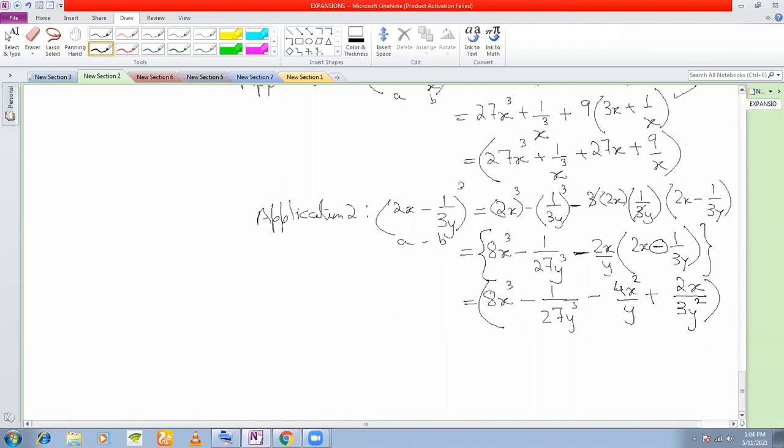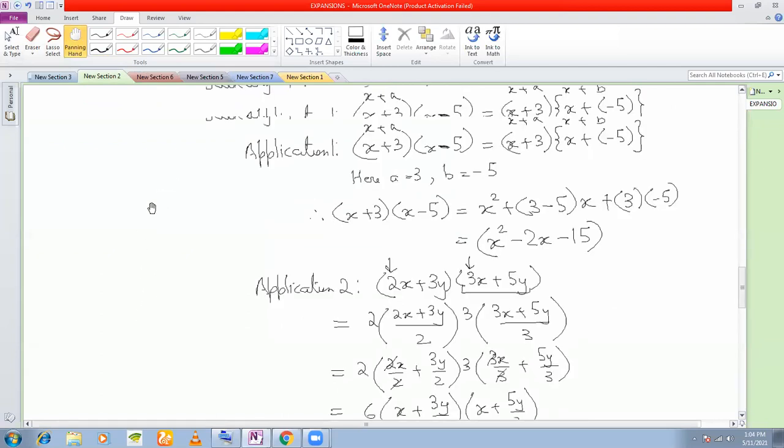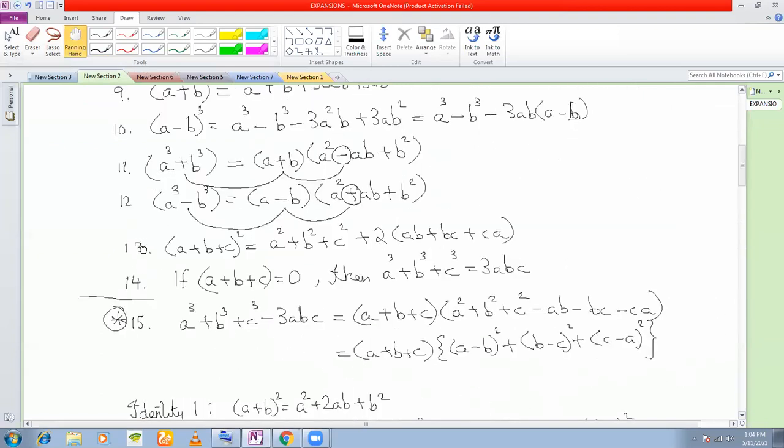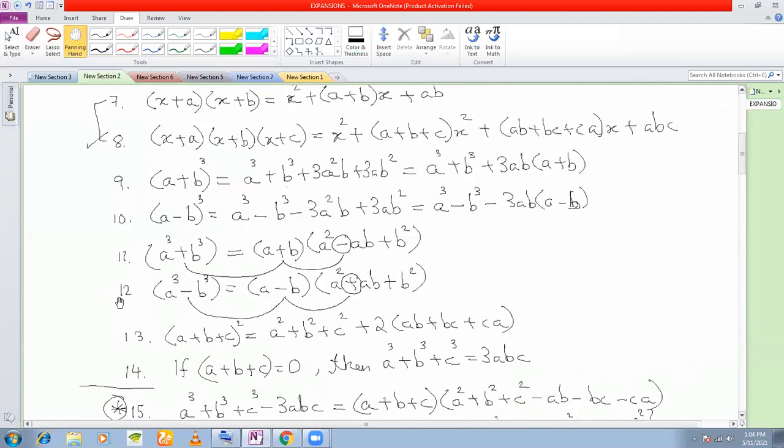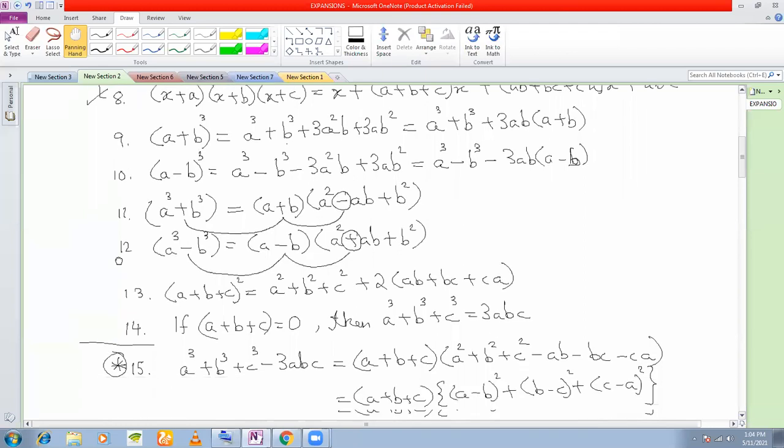So this was two applications of a plus b and a minus b whole cube. We move on to the next identities. We have two very important identities which we shall require in factorization mostly. This is a cube plus b cube and a cube minus b cube.